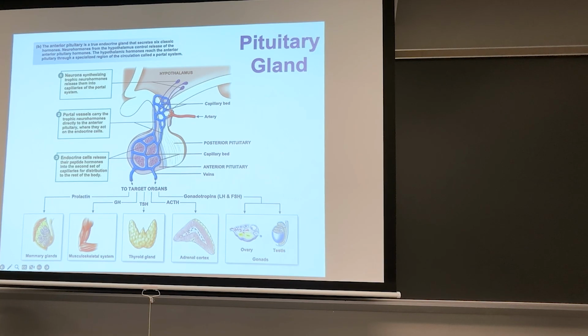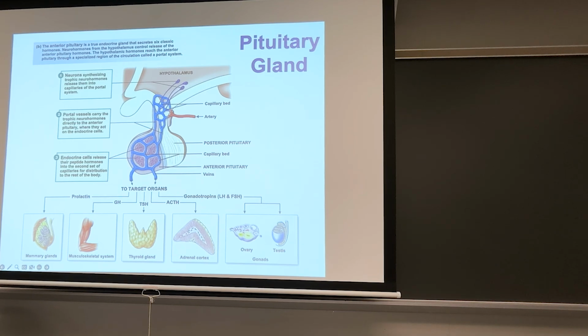So let's talk about the pituitary a little bit. The pituitary has two lobes. It's basically a ball of tissue that's sticking off of the bottom of the hypothalamus, or what we call the floor of the hypothalamus. Part of the pituitary is just an outgrowth of the hypothalamus during development.